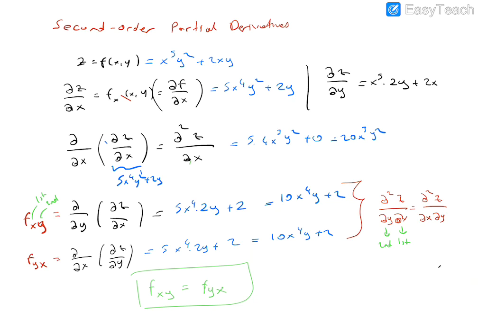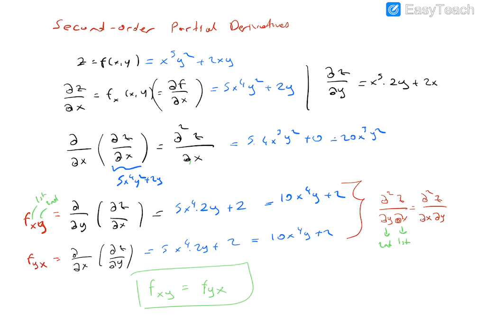And also you can calculate the derivative of this function with respect to y. So the second derivative of z with respect to y equals the derivative of the obtained function with respect to y.